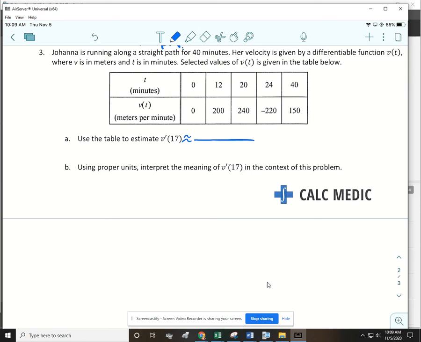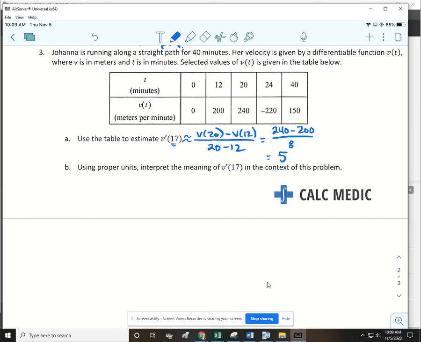I usually will use the points that are closest to what we're estimating. So this is going to be v of 20 minus v of 12 over 20 minus 12. All right, so I'm just using the table. That is going to end up being 5.